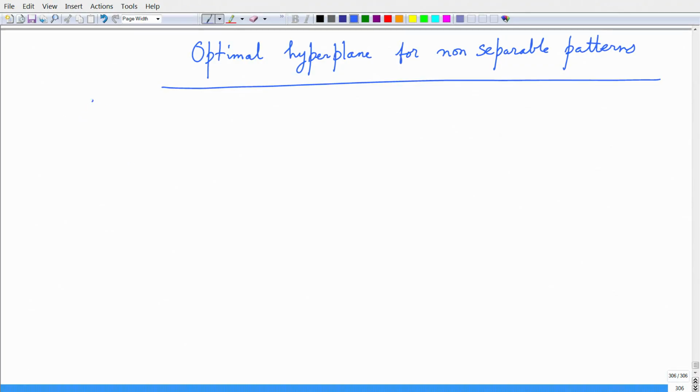Now, let us go forward and discuss deriving an optimum hyperplane for the non-separable case. Consider the following cases.